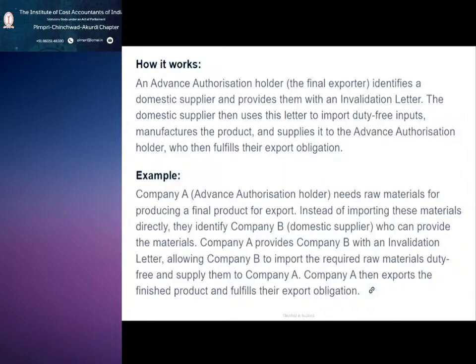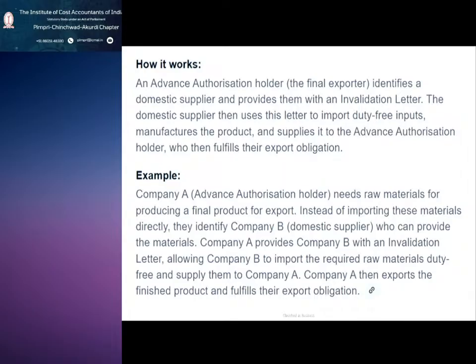Company A provides company B an invalidation letter allowing company B to import the required raw materials duty free and supply them to company A. So company A exports the finished product and fulfills their export obligation.